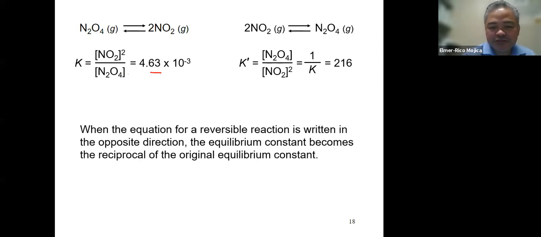So when the equation for a reversible reaction is written in the opposite direction, the equilibrium constant becomes the reciprocal of the original equilibrium constant.